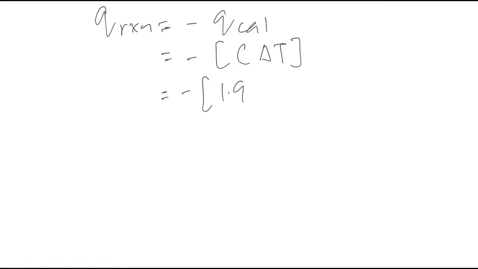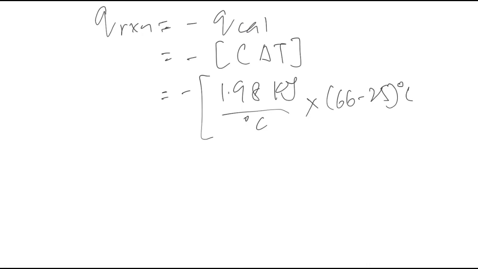Just now we see 1.98 kilojoule per Celsius, and delta T, our delta T is 66 minus 25 degrees C. So what we can do here, we can cancel the Celsius. Therefore, we can calculate the heat release. Sorry, the heat release will be negative.